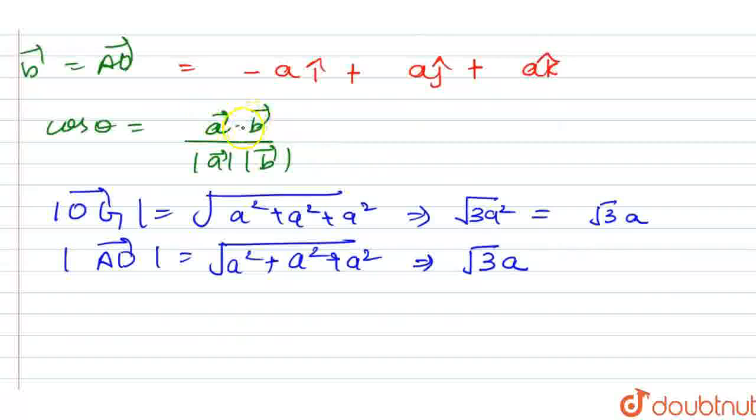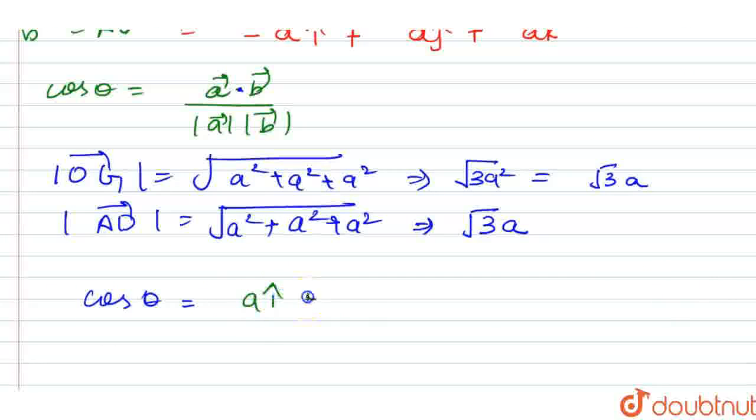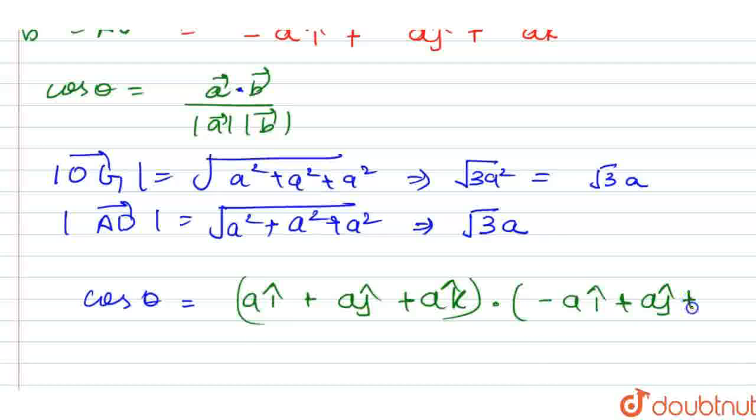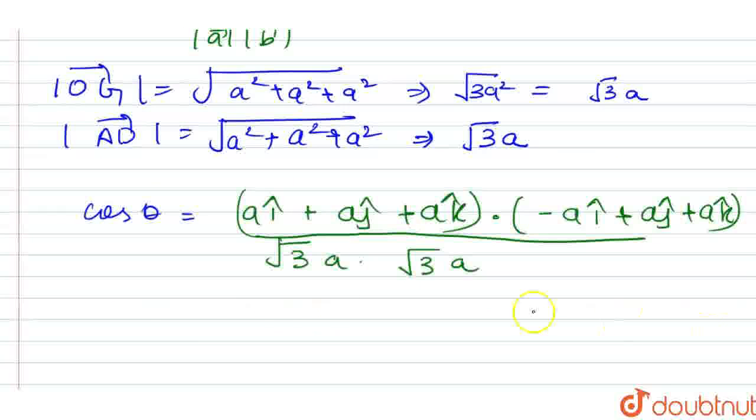So let us write cos theta is equal to (a i cap plus a j cap plus a k cap) dot product with (minus a i cap plus a j cap plus a k cap), upon mod of OG and mod of AD. Mod of OG is root 3 a and mod of AD is root 3 a.